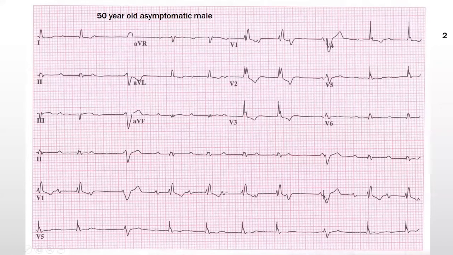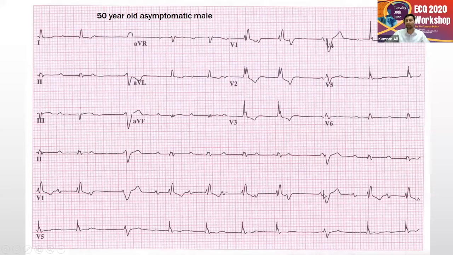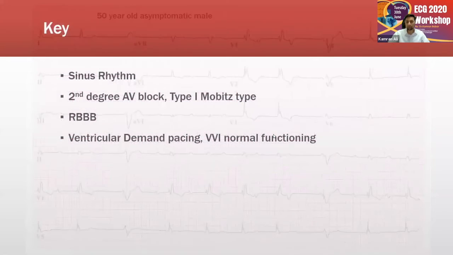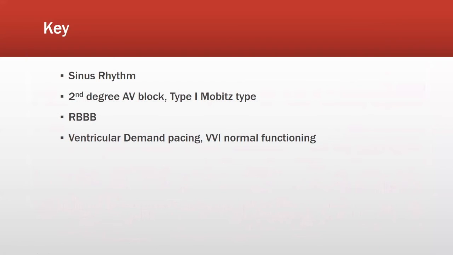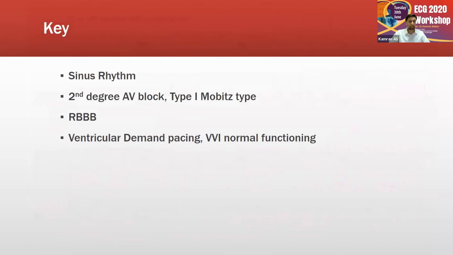That's why the morphology of a paced beat is like a left bundle branch block, because preferentially the right ventricle got electrically activated first. So just a learning point on why the paced beat is showing a wide complex of LBBB morphology.